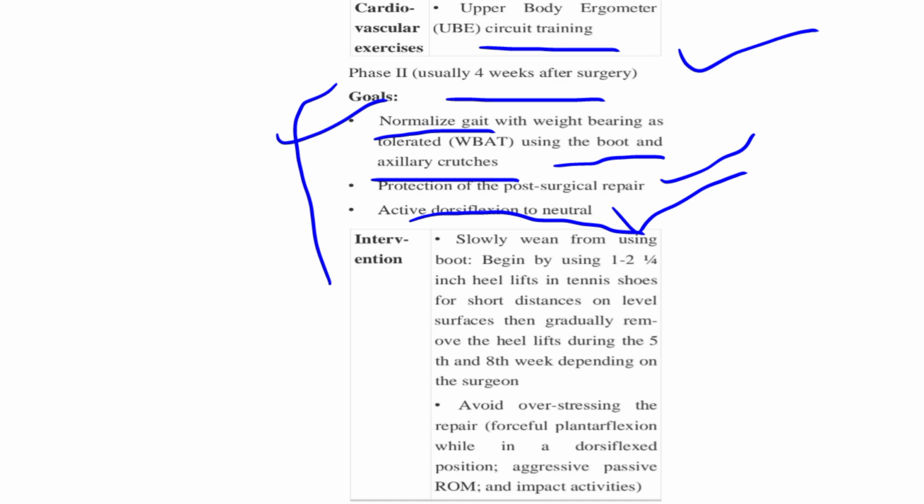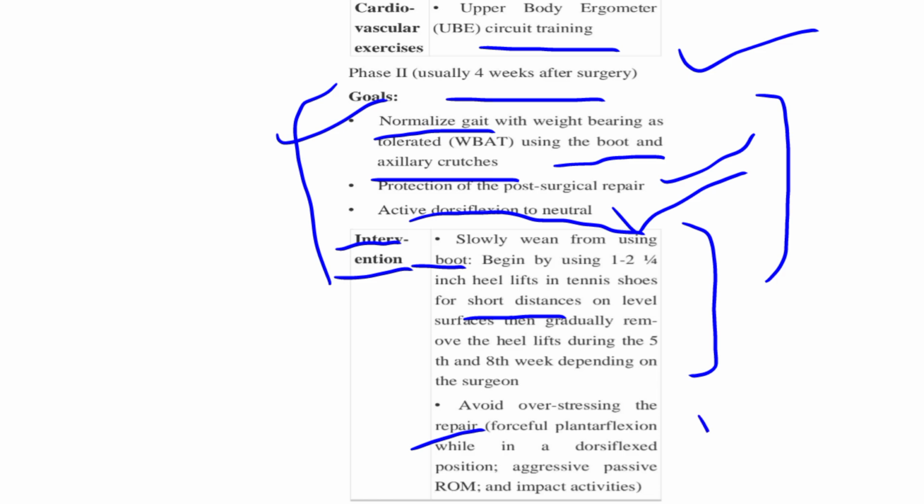The intervention we do is slowly weaning from the boot. Begin by using a 1 to 2 inch heel lift in tennis shoes for short distances. In this phase we go for slight walking. Avoid overstressing the repaired tendon in a dorsiflexion position. Aggressive passive range of motion is also avoided.